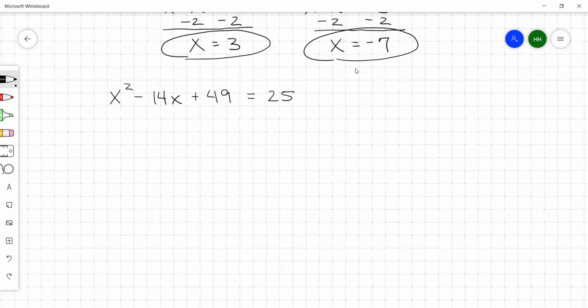You have to see this x squared and the 49 and realize that they're perfect squares. And now since this 14x is negative, this perfect square trinomial factors to x minus 7 squared. Still equal to 25.